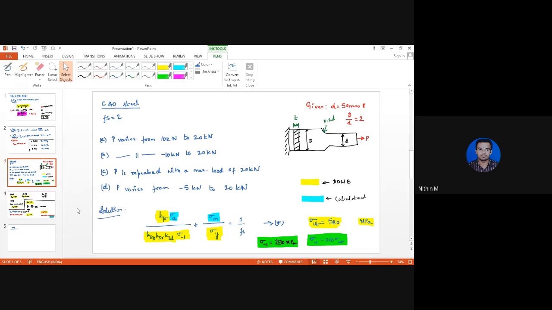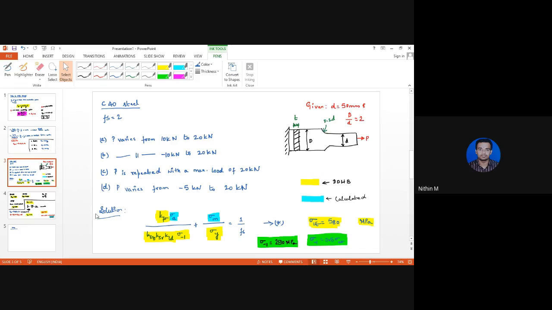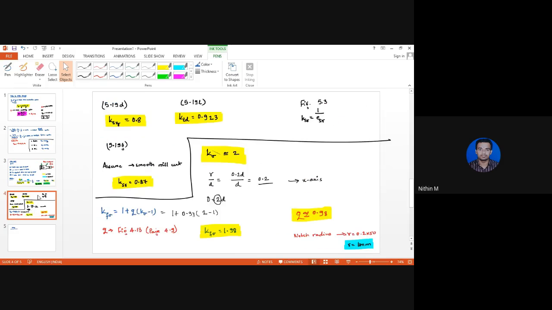So what is in the modified endurance limit? K_SR is 0.8. 0.8 into 0.923 into 0.87 into 290. What does it come to? Can someone calculate it? 0.8 into 0.923 into 0.87 into 290.